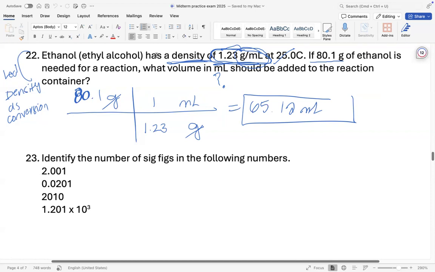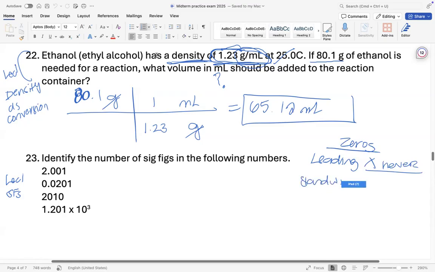Okay, so sig figs. This brings us back to lecture 1. Just a reminder of the rules of sig figs: it's all about the zeros. Leading zeros never count. Never. Sandwich zeros always count.